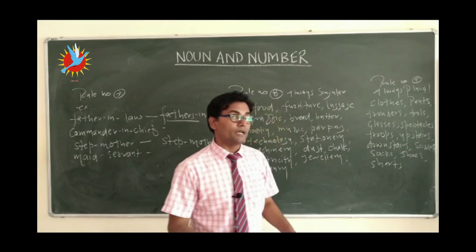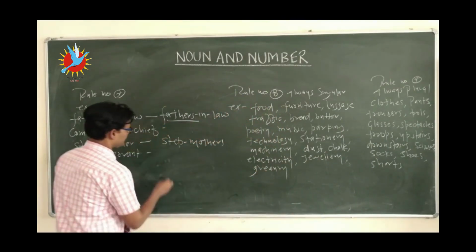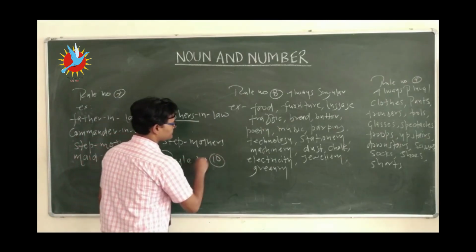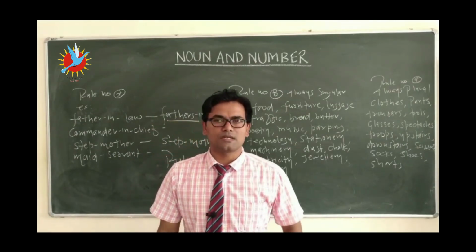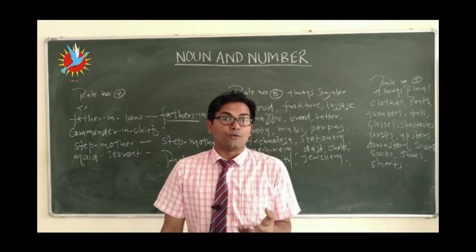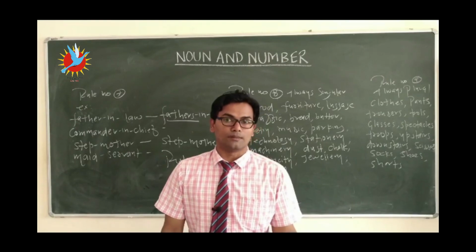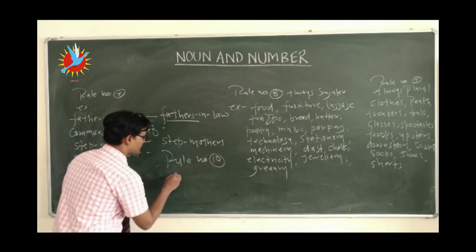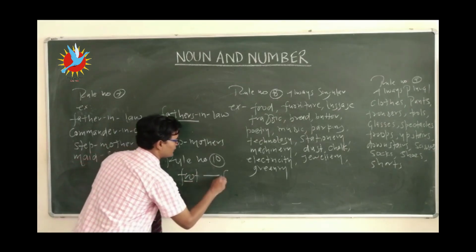Okay, and let's talk about one more rule. Rule number 10. There are certain nouns where we change their vowels to change them into plural number. We change their vowels. For example, foot. Okay, feet.